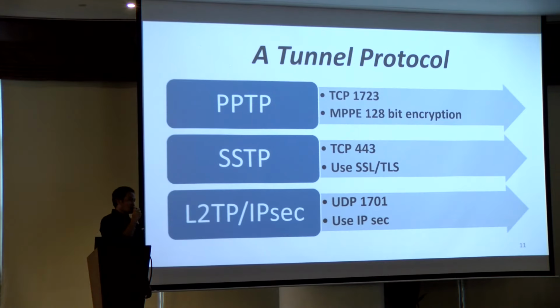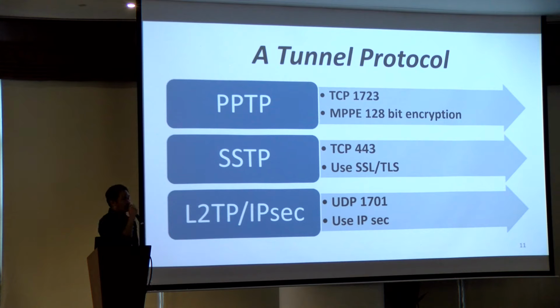We will choose a tunnel protocol: PPTP, SSTP, or L2TP/IPsec. PPTP uses TCP port 1723 and MPPE 128-bit encryption. This has a security issue; PPTP is not secure. Also, PPTP port 1723 can be blocked by some ISPs.